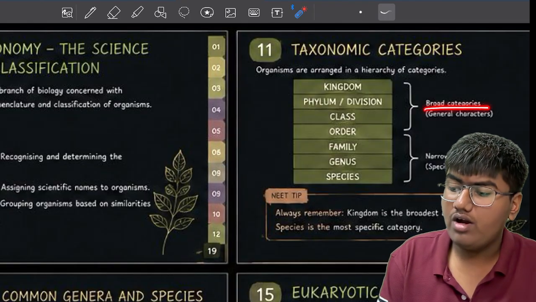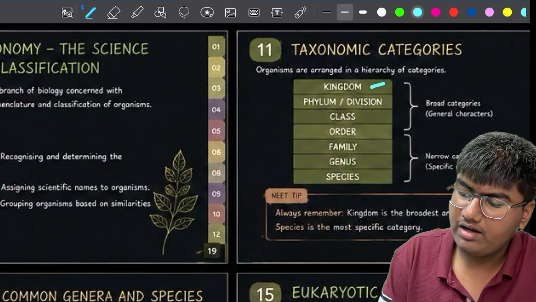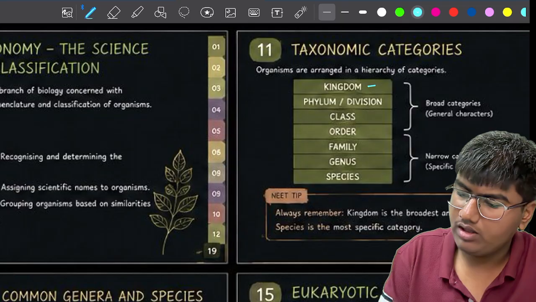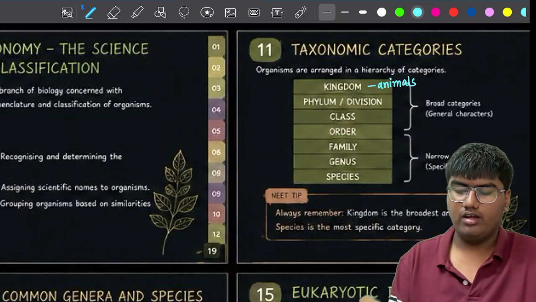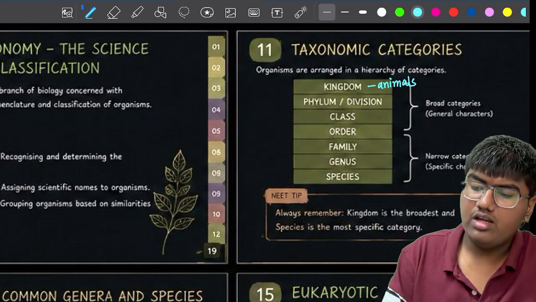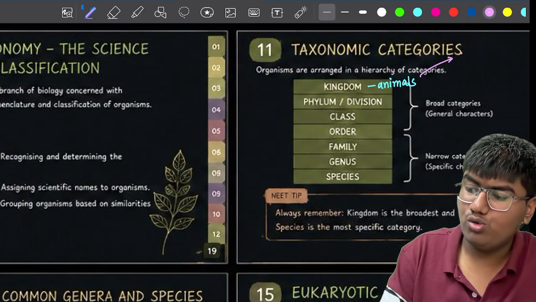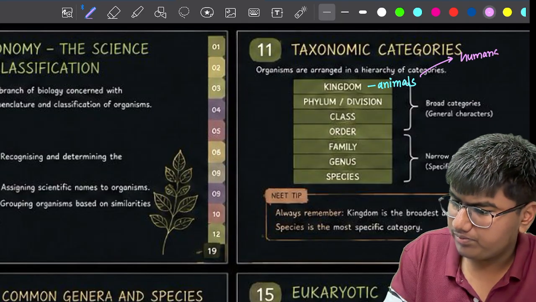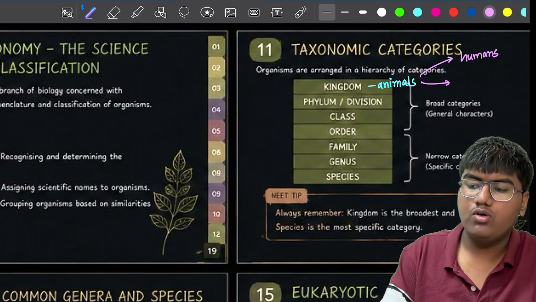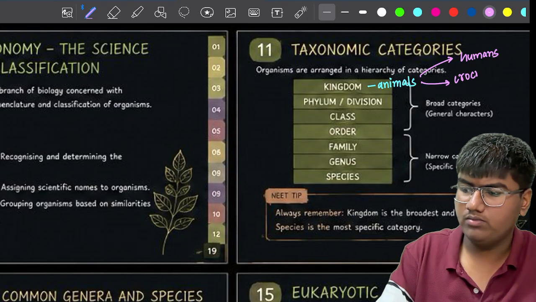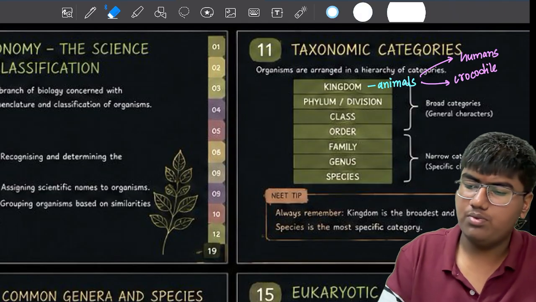Now here, broad categories have general characters, and narrow categories have specific characters. What does it mean? Let's take an example. For kingdom, I'll take animals, Animalia. Animals as a category, as a kingdom. In animals, I may refer to humans, and let's take a simple one like birds.